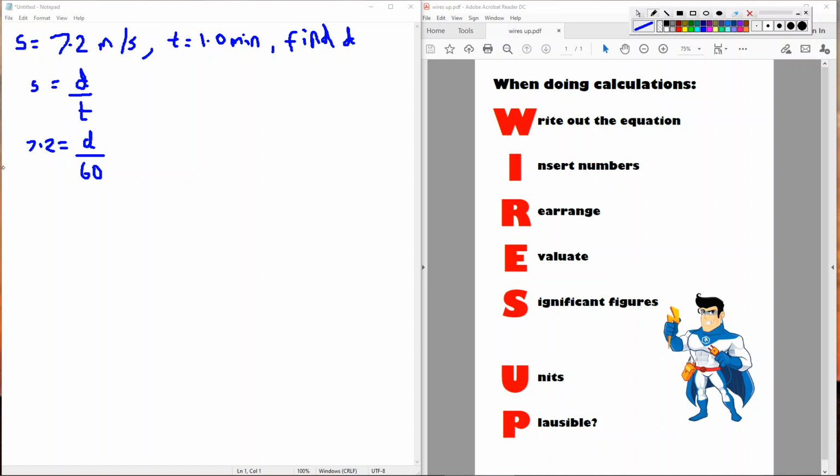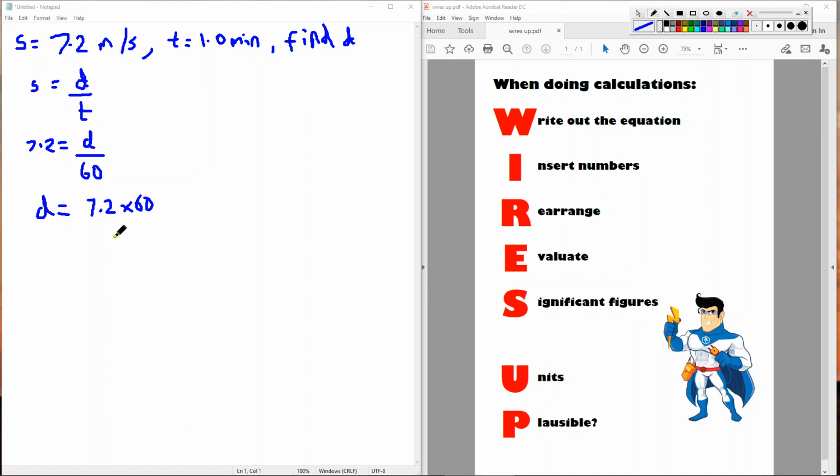So I need to rearrange. Now, we want to try and find D on its own. So D is divided by this 60. So undo this divide by 60. I multiply both sides by 60. So that would give me D on one side, and it's going to give me 7.2 times 60 on the other side.